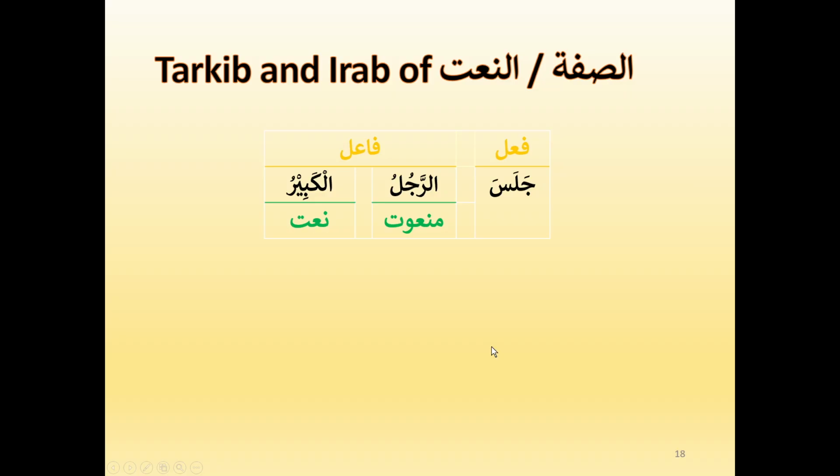So here we see jalasa rajulun kabir. So the big man sat. The big man is your man'ut and your na'tun. This is what we call the tabi', a follower. Remember we talked about the follower, tabi', meaning it will follow the status of the man'ut, whether it's definite or indefinite.